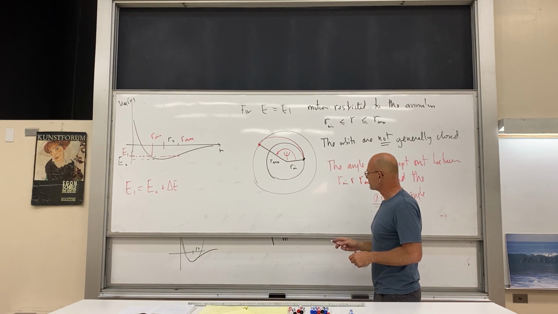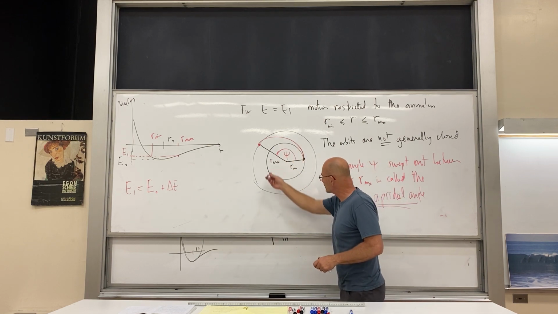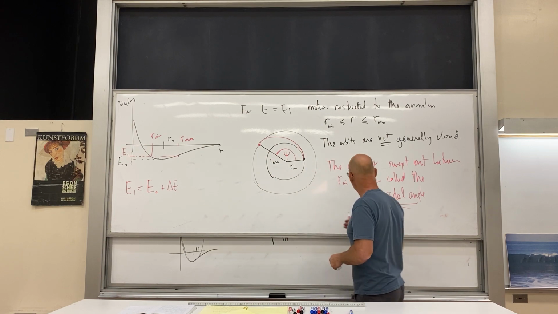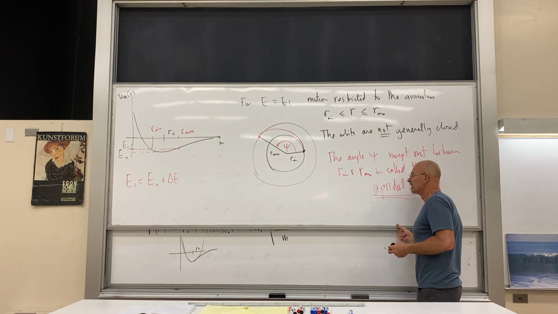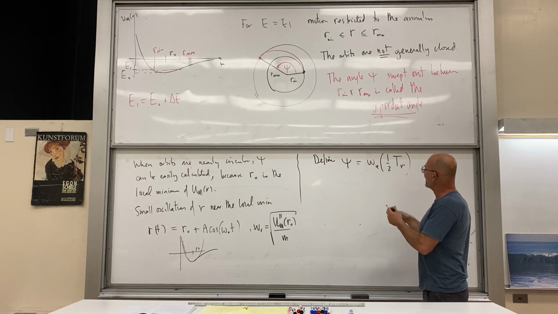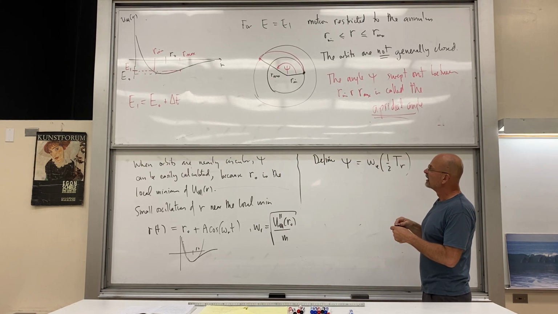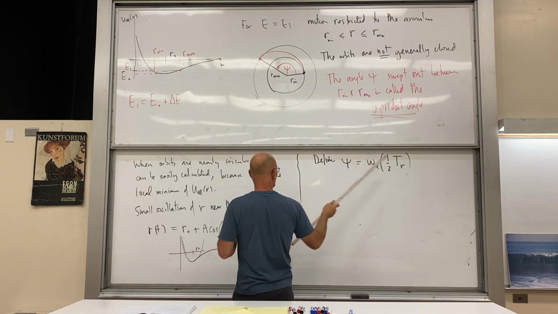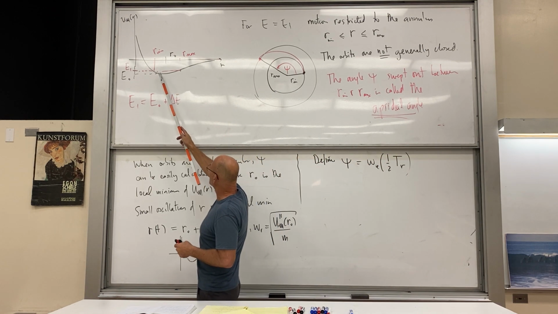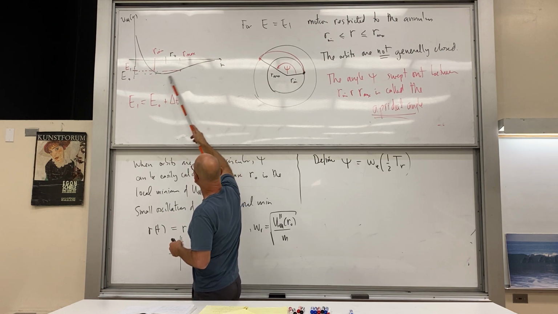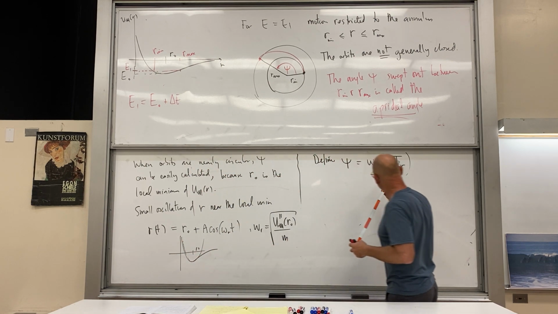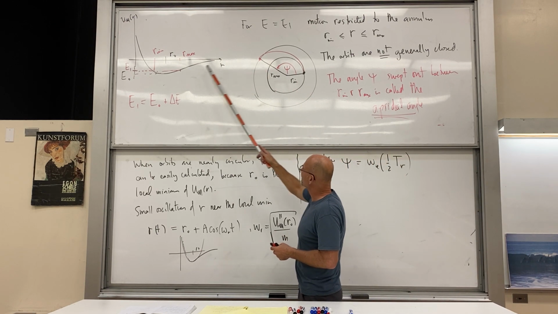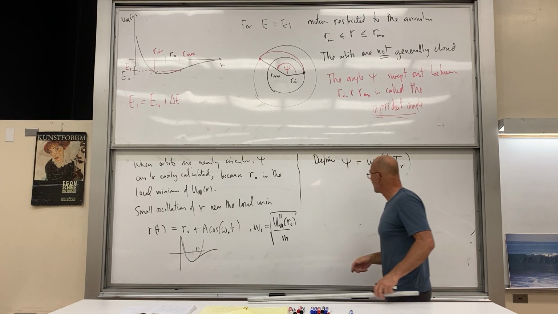It's as though we had a counterclockwise motion, and the frequency of that is omega sub phi. But T sub r is the period of an oscillation from r min to r max and back again. So half of that period is the time it takes to go from r min to r max in the radial equation.